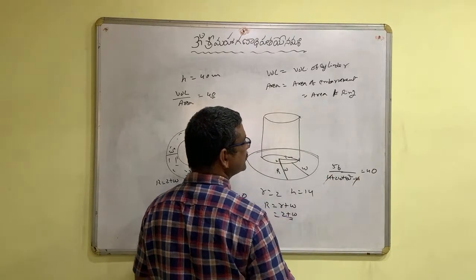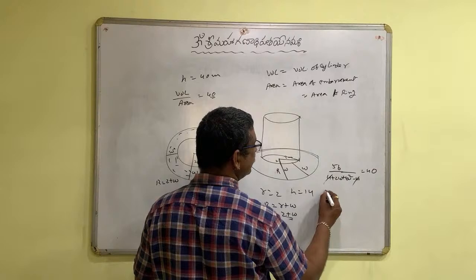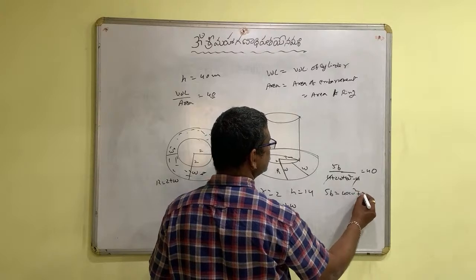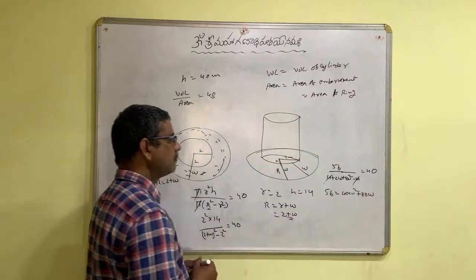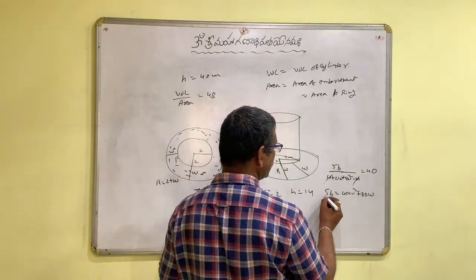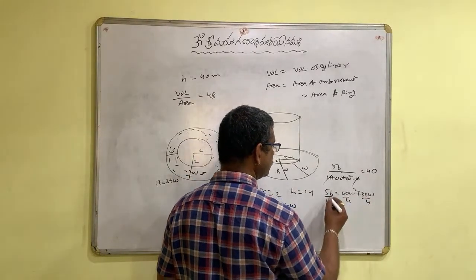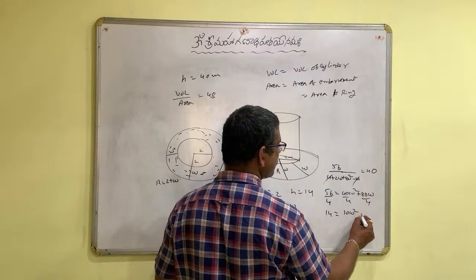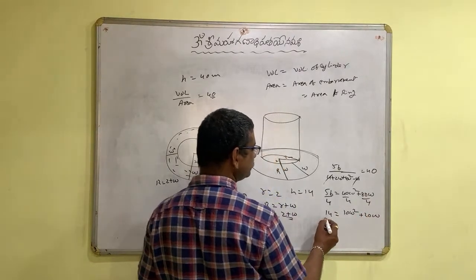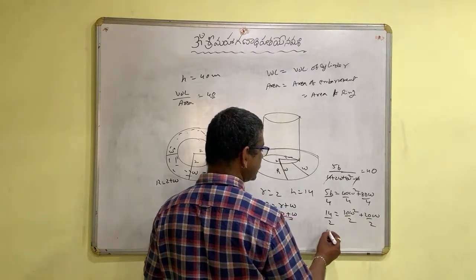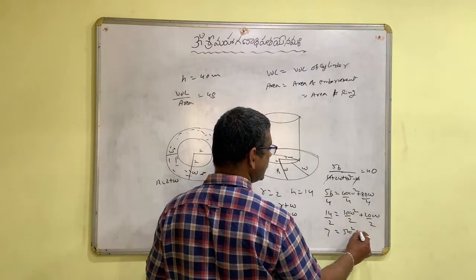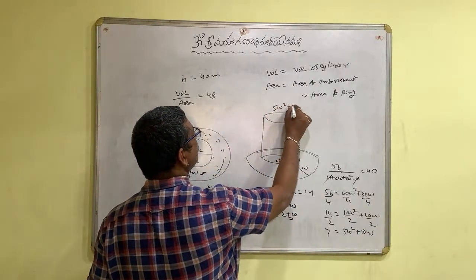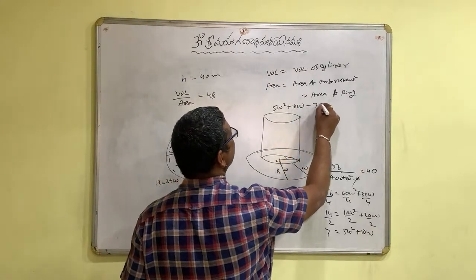Plus 4 minus 4 get cancelled. So what we will get? 56 is equal to 40W square plus 80W. 40W square plus 80W divided with 4. So 14, 10W square, 20W. Again divide with 2. What you get? 7 is equal to 5W square, 10W. So you get a quadratic equation over here: 5W square plus 10W minus 7 is equal to 0.